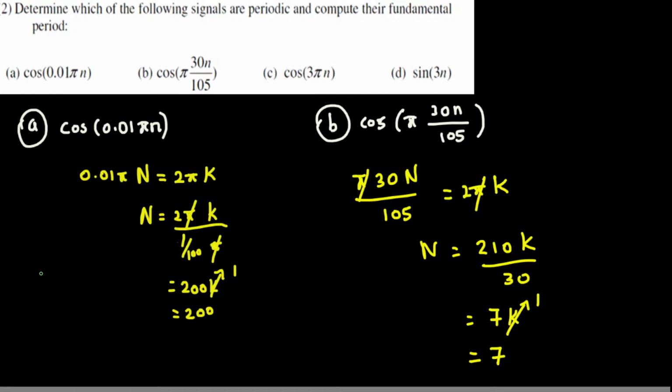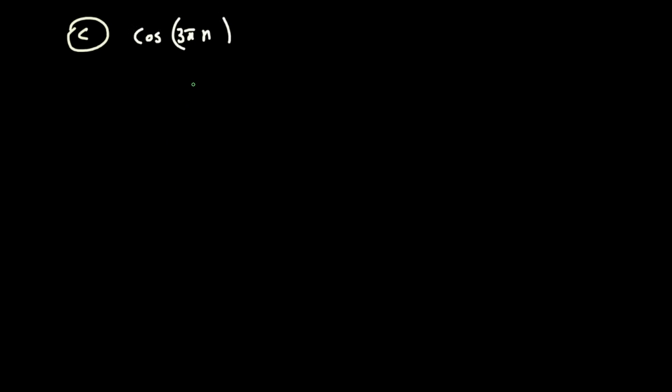I mentioned here, the first is periodic, and the fundamental period is 200, and this is also periodic with fundamental period 7. Here, to see whether this is periodic, I put 3π capital N. Let's use a different color. 3π capital N, and I equate this to 2πk. π cancels. I get N equal to 2 over 3 times k.